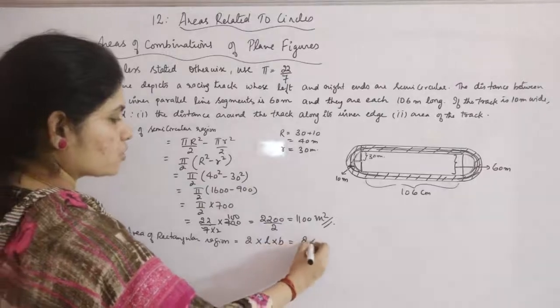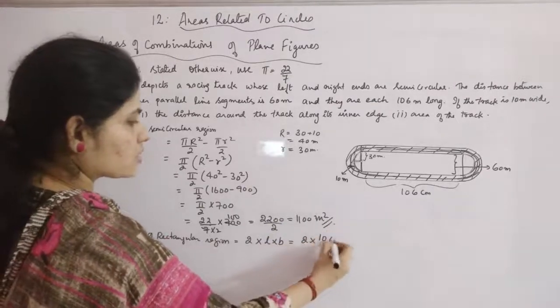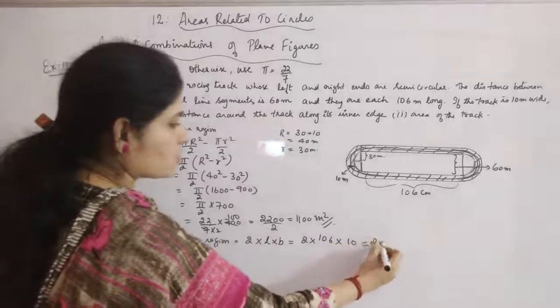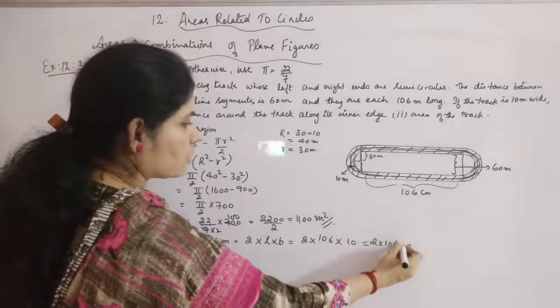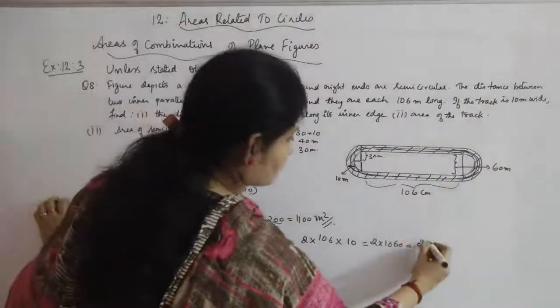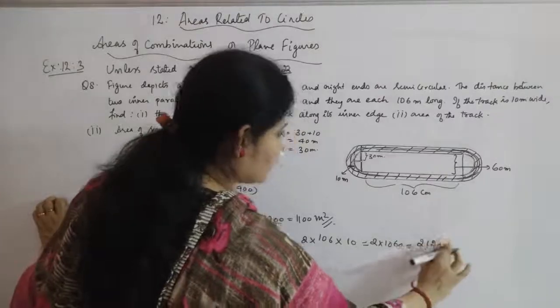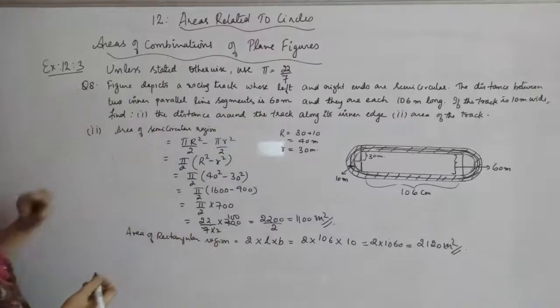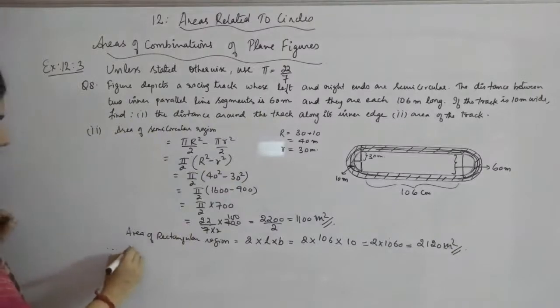So you will get 2 into length 106 into breadth 10. So you will get 2 into 1060, which is 2120 as the area of the rectangular region. So adding the 2 will give you the area of the track.